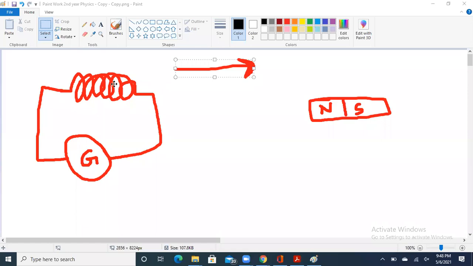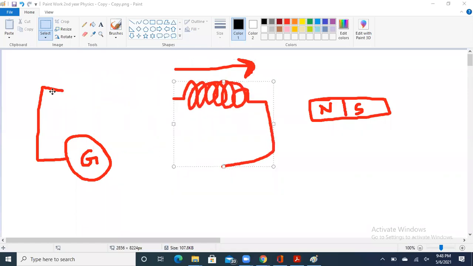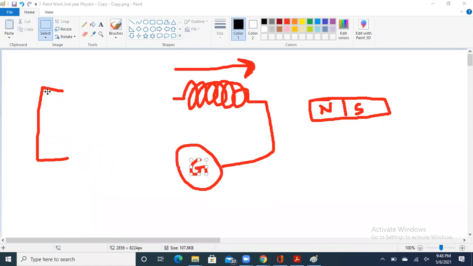When it is moving rightwards, the coil is coming from left to right. The whole of the circuit is coming from left to right.